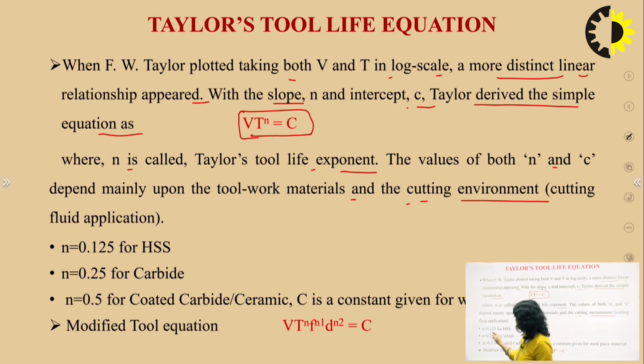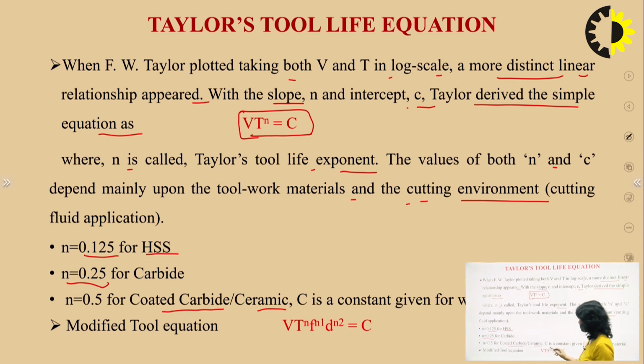So for example, if we talk about the HSS, the value of n will be 0.125. कार्बाइड्स के लिए n की जो वैल्यू होगी that will be 0.25. n is equal to 0.5 for the coated carbide or ceramics, and C is a constant which is given for the workpiece material. And we have, okay, in this Taylor's tool life equation, we can see here that the tool life is depending on the cutting speed, okay, and the value of n only.